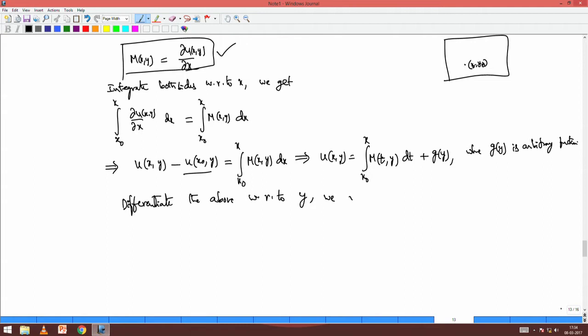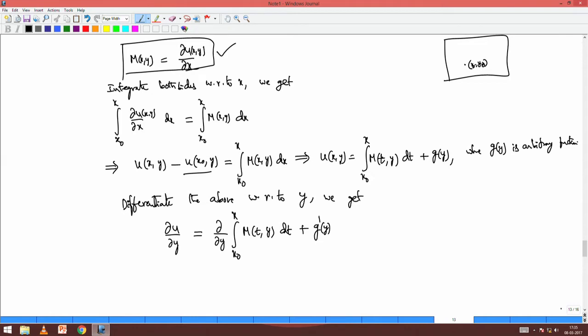We get ∂u/∂y, as u is a function of two variables. You are differentiating with respect to y, and this is a function of y, which you can take inside, but let me write it outside. So, ∂/∂y of the integral from x naught to x of M(t, y) dt, plus this, which is only a function of y, it is like the derivative dg/dy. So, g dash of y I write.